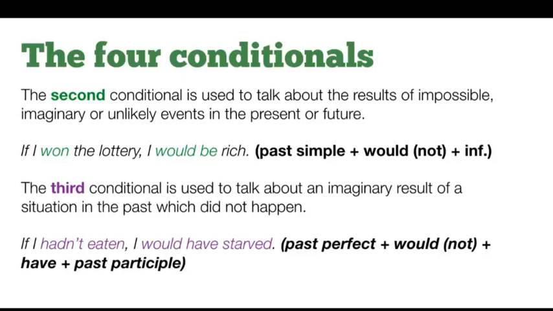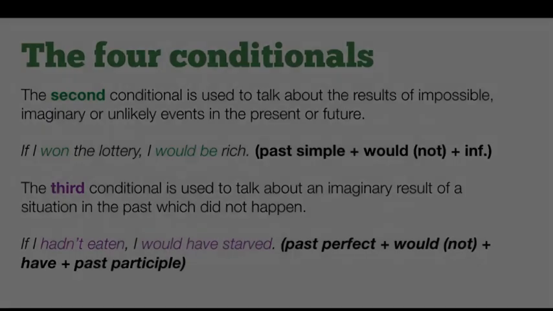So here, the past perfect after if, and then would or would not plus have plus the past participle. Again, don't use contractions when you write. It should be if I had not eaten, I would have starved. But that's not the type of sentence you see in an essay. So those are the four conditionals.